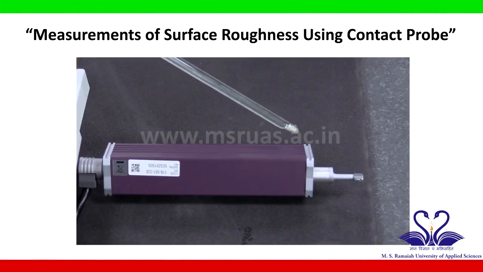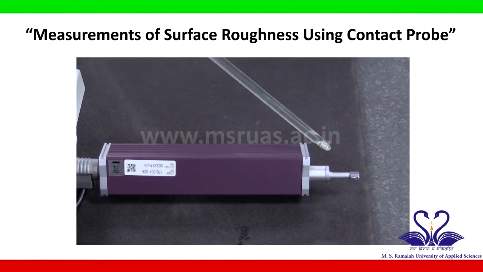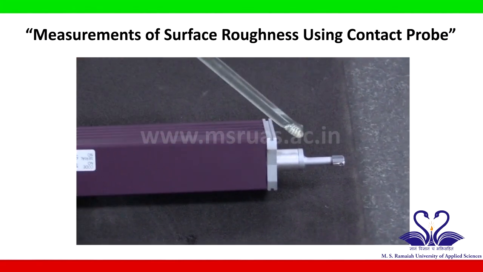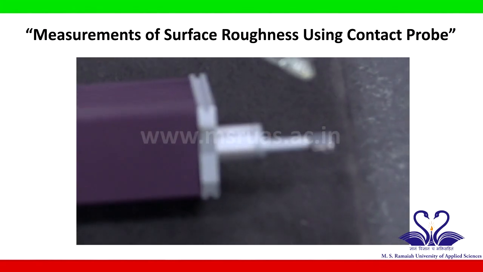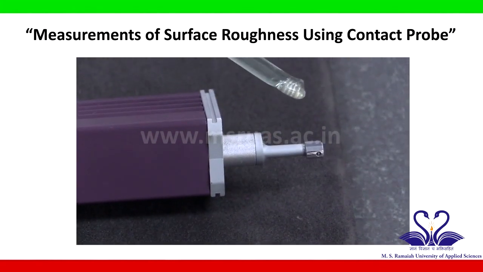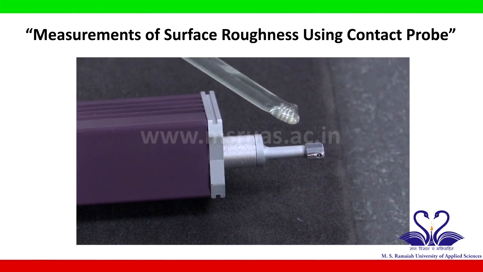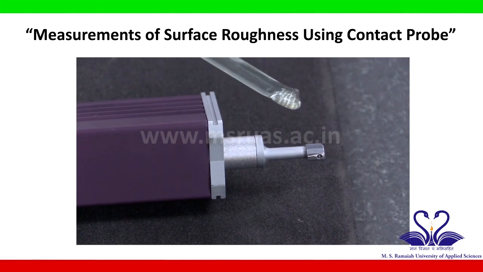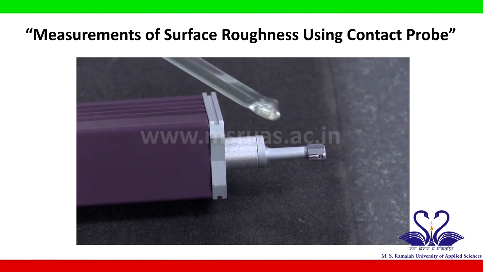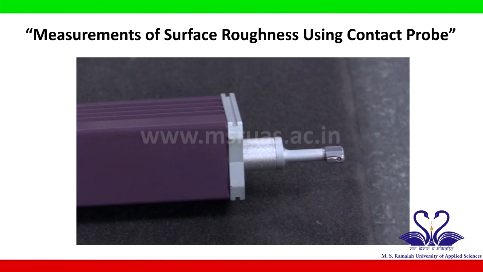The drive unit is attached to a probe or a detector probe which has a stylus. The stylus is of a retracting type. The diamond tip stylus will retract on the measured surface to get the RA or the roughness values.